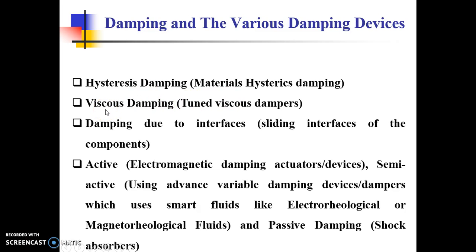Another thing is that viscous damping is also achieved, in the form of tuned viscous dampers. Oil dashpot dampers are also there. Many of us are familiar with those kinds of dampers, which are known as tuned viscous dampers.